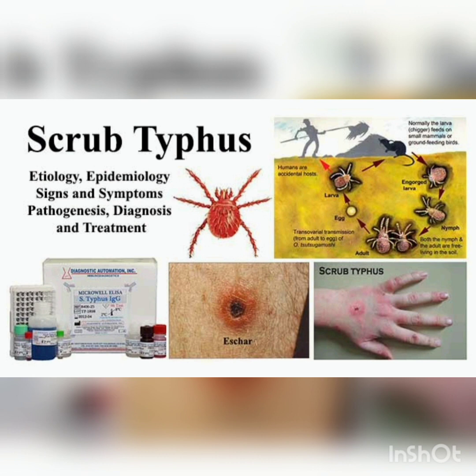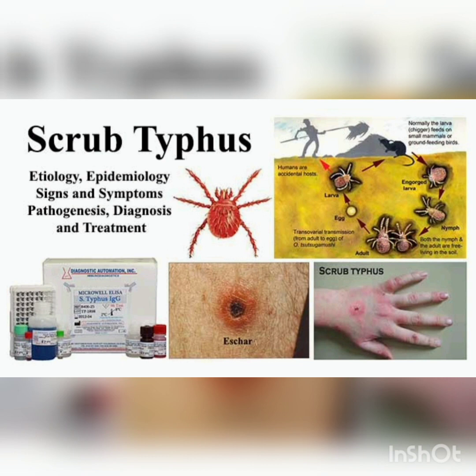It is caused by a bacterium called Orientia tsutsugamushi. Scrub typhus is caused by Orientia tsutsugamushi. The most common symptoms of scrub typhus are fever, headache, body ache, and sometimes rashes on the body.